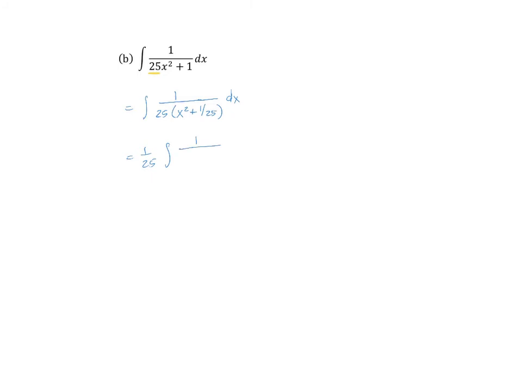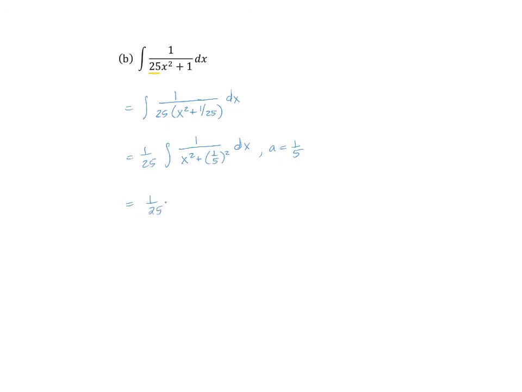And this becomes 1 over x squared plus, notice that this is 1 over 5 squared. And that's going to be my a. My a in the formula is 1 over 5. And this takes the form of tangent inverse. So this integral is equal to 1 over 25 times, now it's going to be 1 over a.